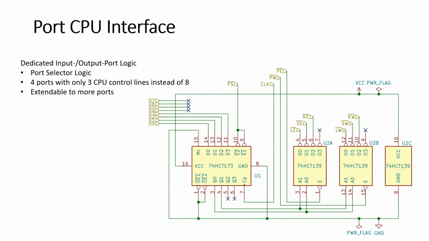And there are 4 ports in my build right now, which can be controlled with 3 CPU control lines, these port select, port enable and port write lines.